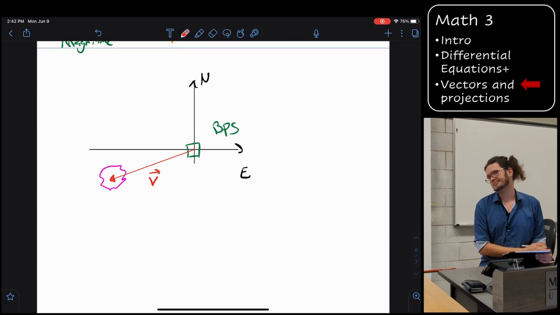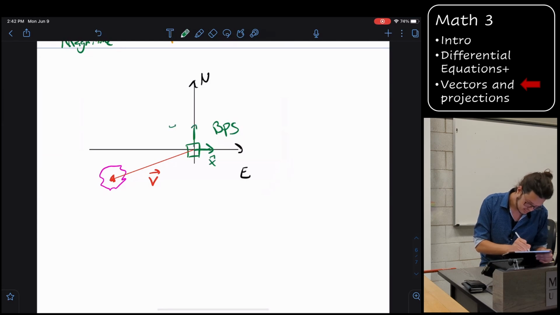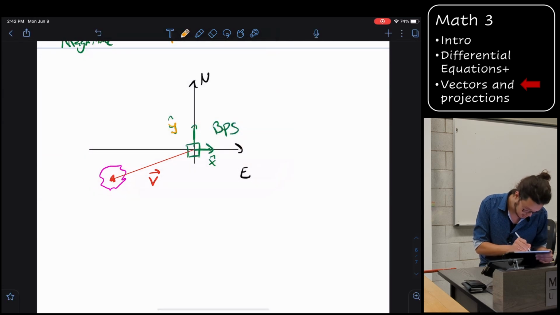that is useful. For example, a coordinate system could be x and y. I have my x vector and my y vector. Let's put different colors. Y, I'm going to put it in orange and x in green.